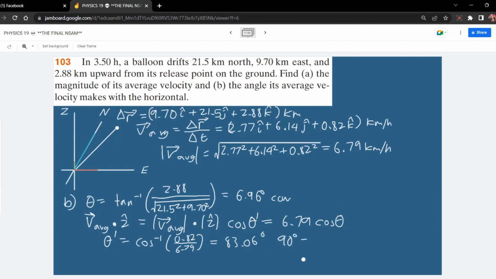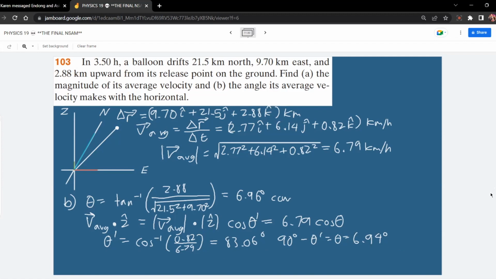So 90 minus that angle is going to be around, ang nakuha ko dito 6.93. Pero I think may sig-fig na siya eh. Kasi 'di ba nag-round off tayo ng 0.82 lang eh. Dapat 3 sig-fig yung ginamit natin diyan.